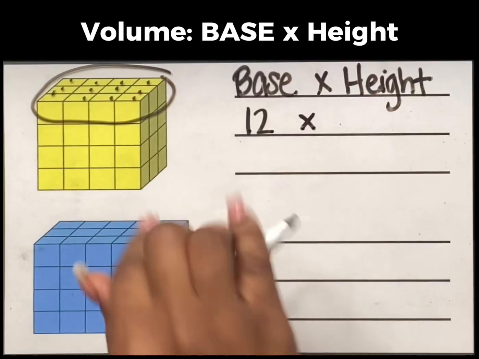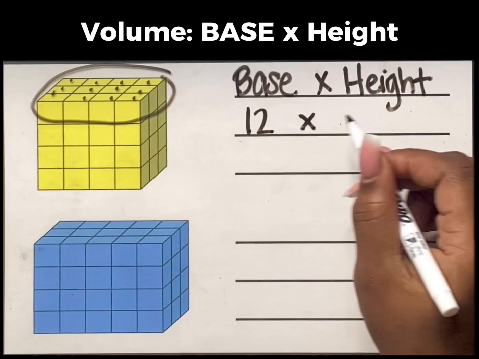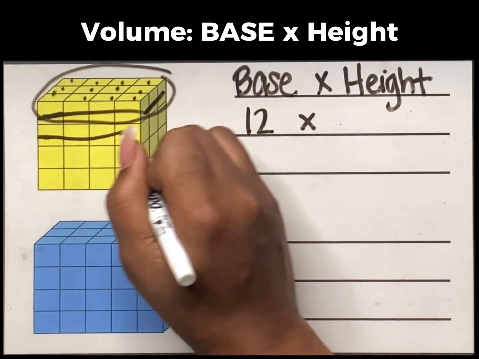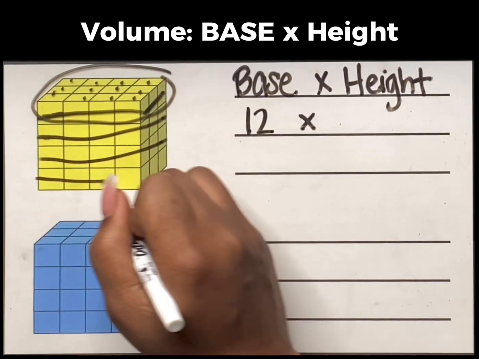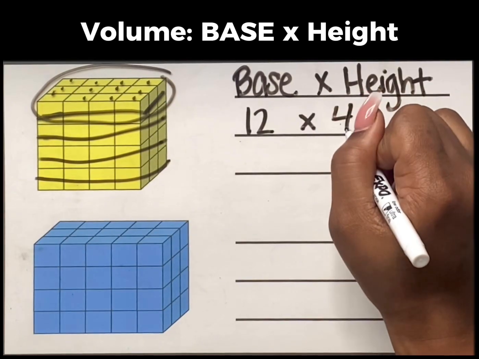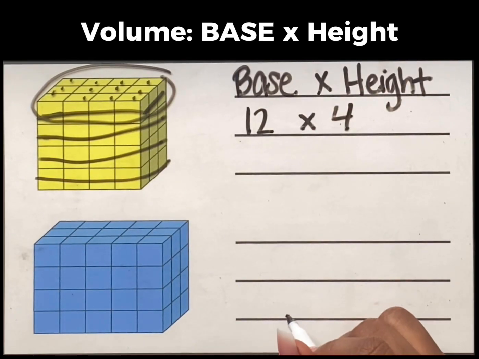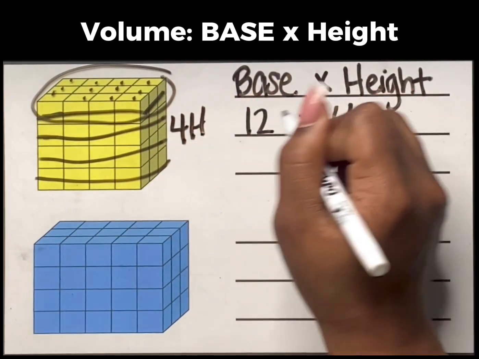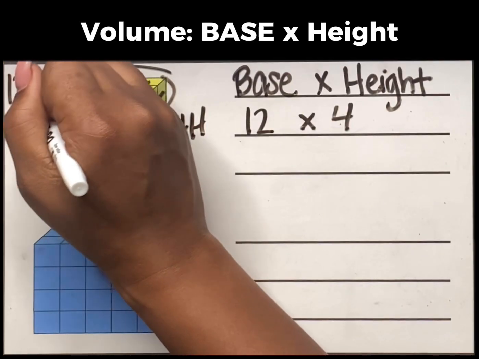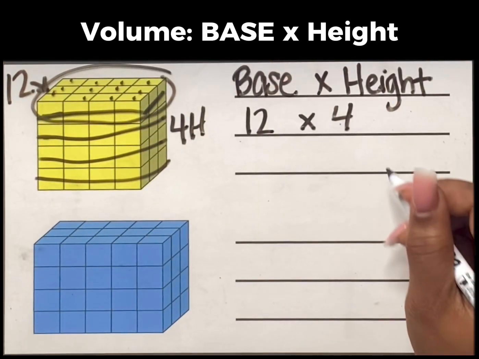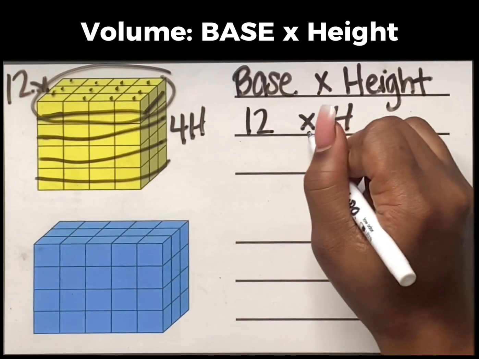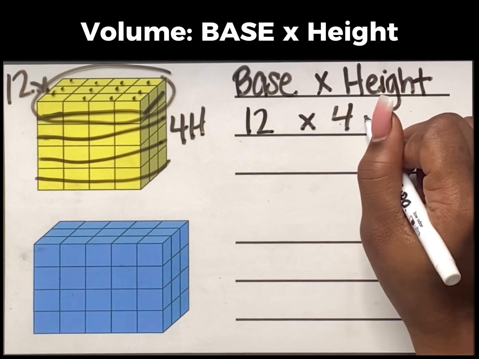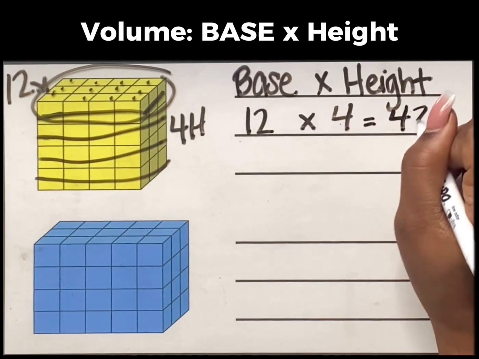And how many layers of 12 do I have? 1, 2, 3, 4. 4 layers of 12. 4 is my height. 12 is my base. 12 times 4, we know our multiplication facts. 12 times 4 is what? Hopefully you said 48.